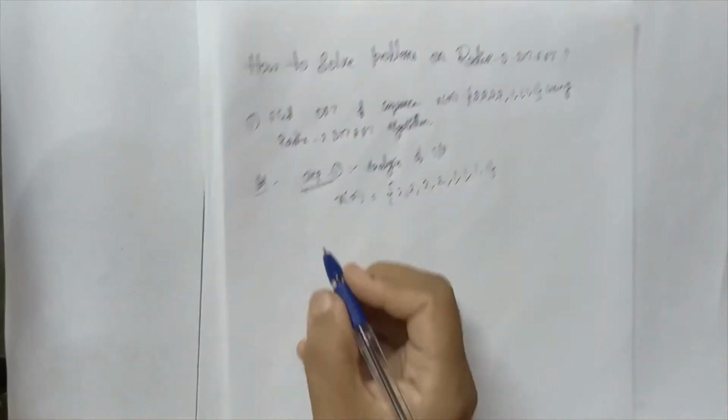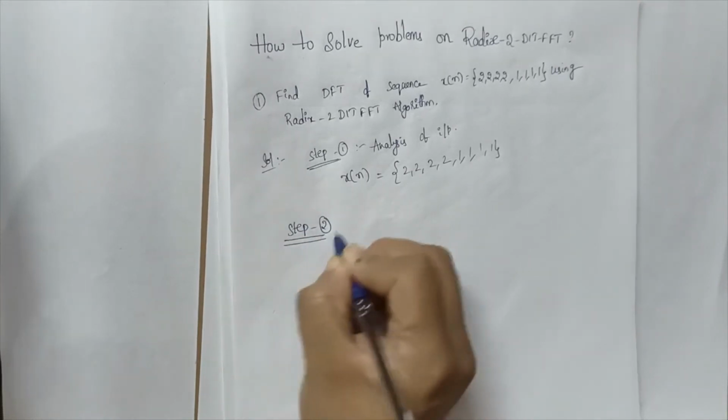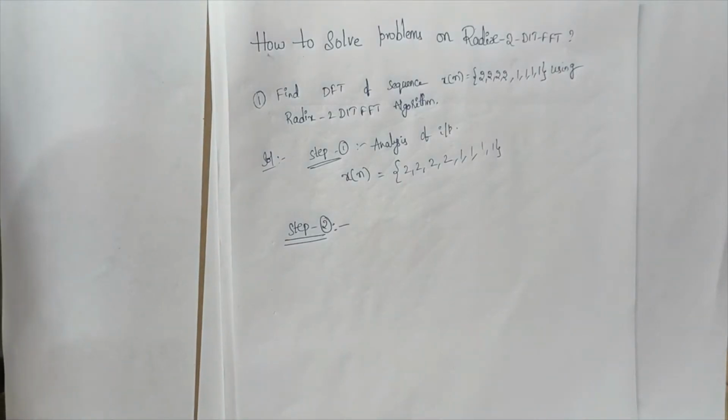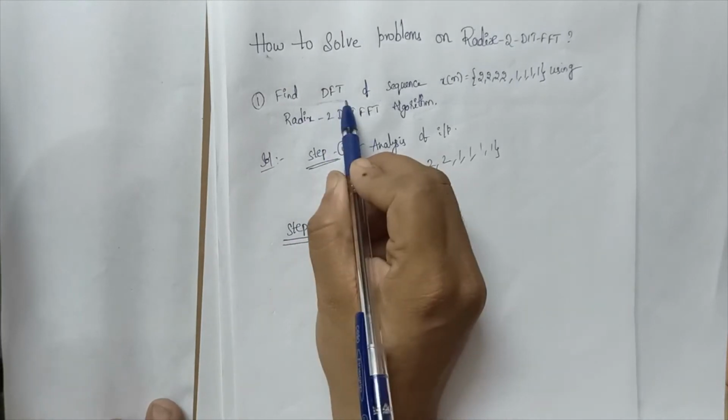Next, in step 2, you have to write down the equation, whether we have to find the DFT or the IDFT. In this question we have to find the DFT.